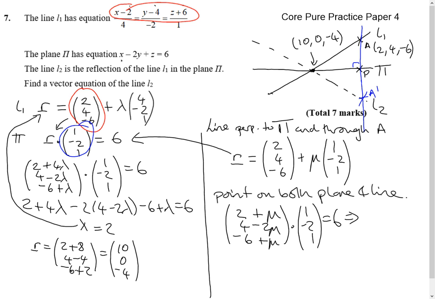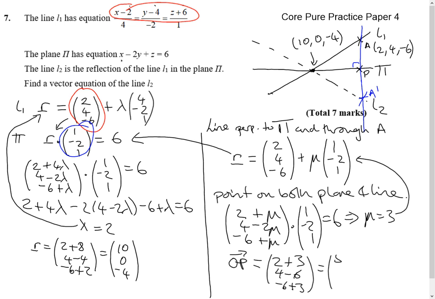If you solve that, you'll get that mu equals 3. So when mu is 3, we want to know the point on the line, and that's my point P. So OP is (2 plus 3, 4, negative 6 plus 3). Okay, so now I know where P is.